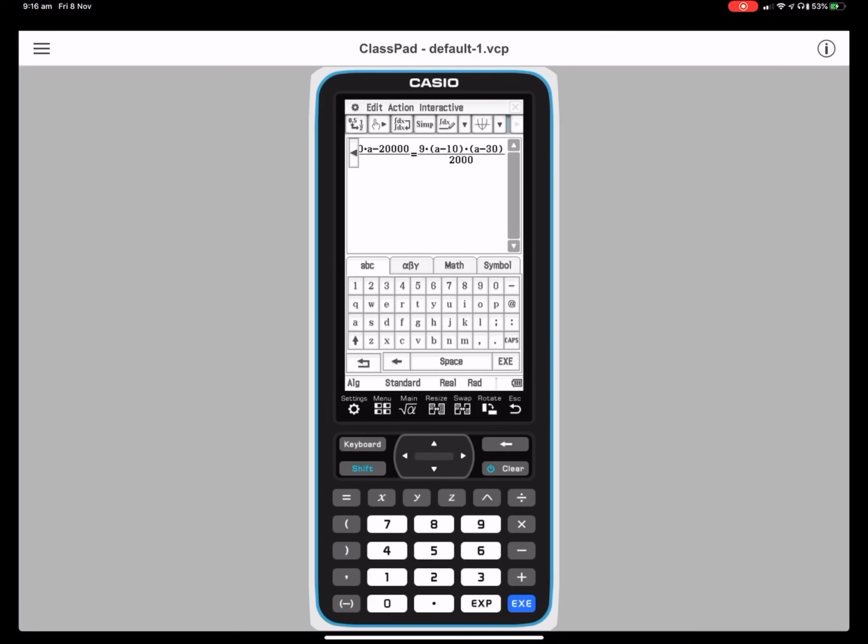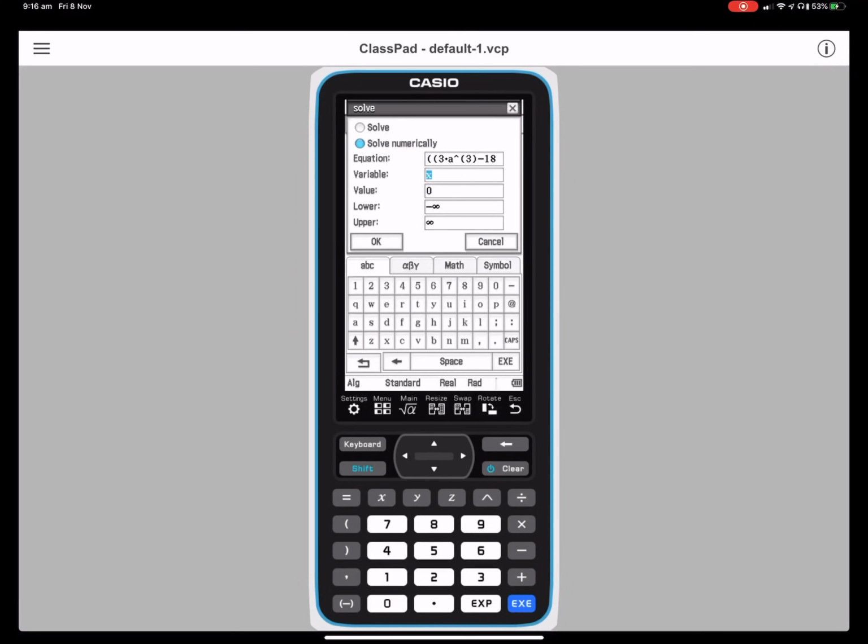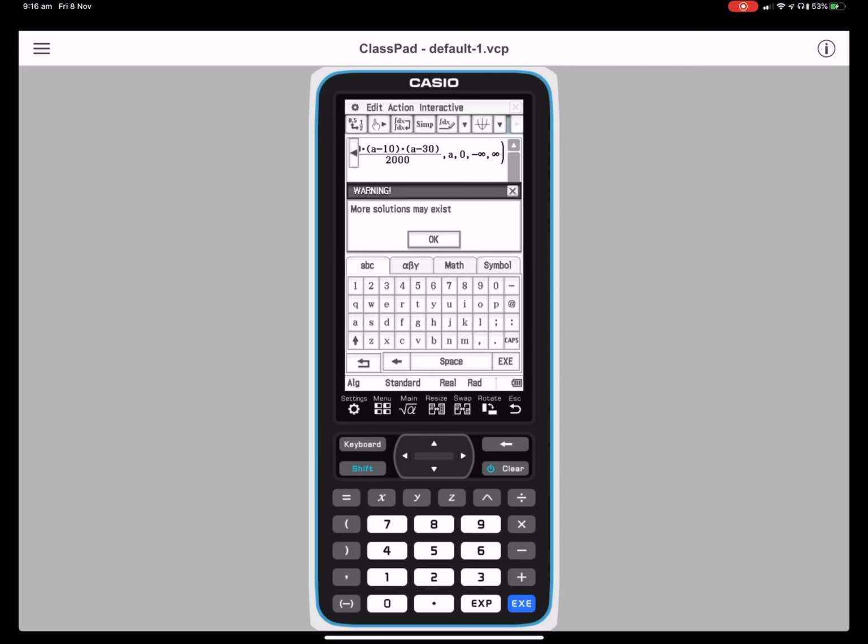I think I didn't put edit, select, interactive, calculate, advanced, solve numerically, but solve for A. Okay, so, is that right?